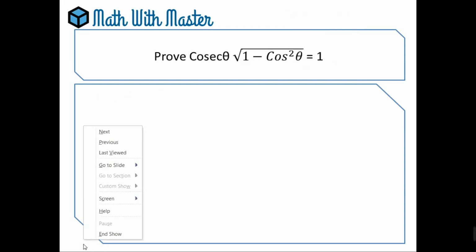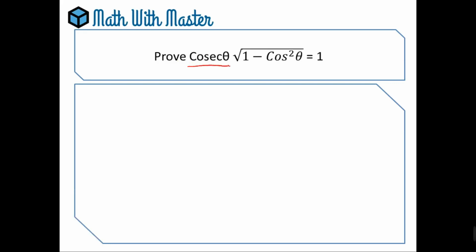And now we will move towards the next question. This is the next question. Prove cosec theta multiplied by under root 1 minus cos square theta is equal to 1.